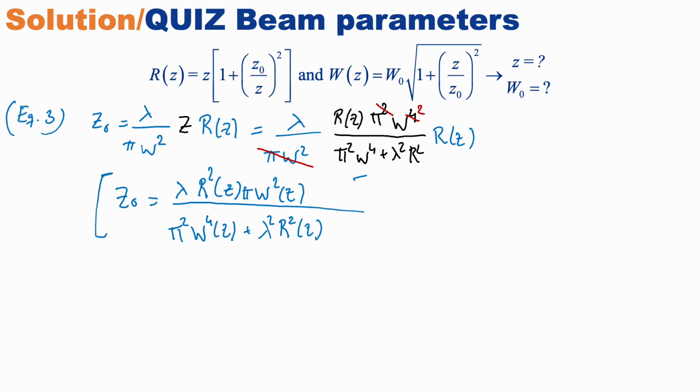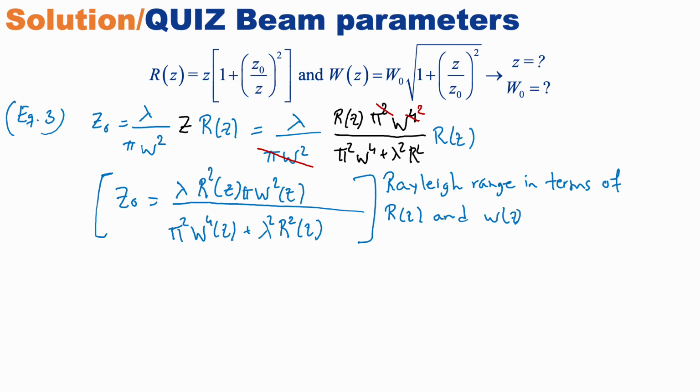So this equation right here is the Rayleigh range in terms of the radius of curvature and the Gaussian beam.